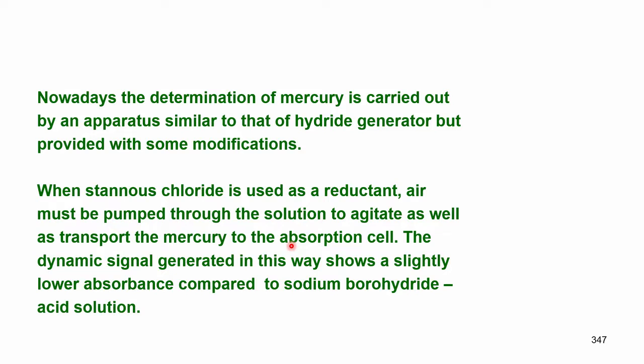So, nowadays the determination of mercury is carried out by an apparatus similar to that of a hydride generator, but provided with some modifications, because stannous chloride is used as a reductant. Air must be pumped through the solution to agitate it as well as transport the mercury to the absorption cell.